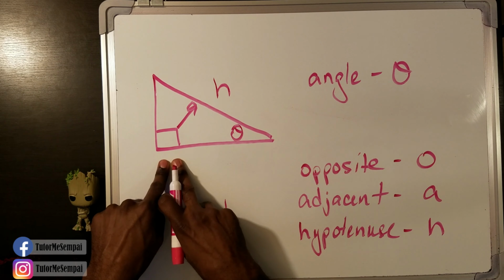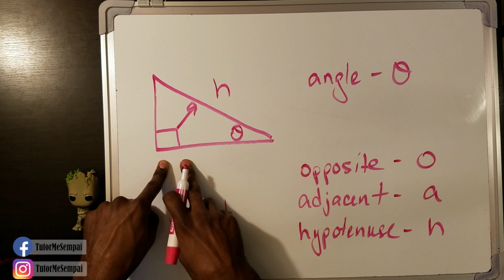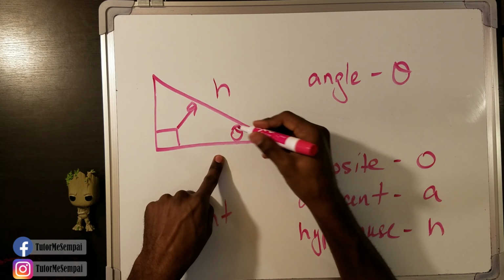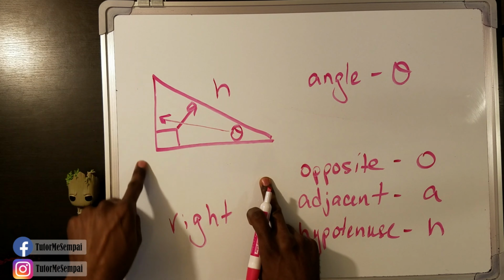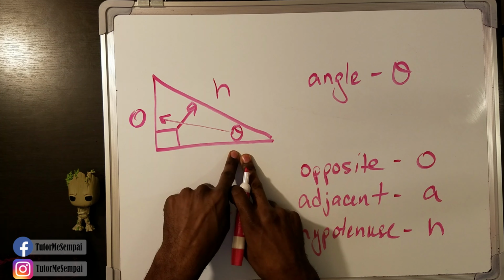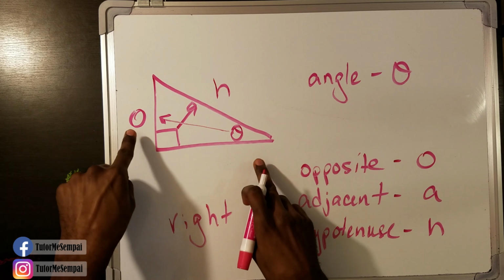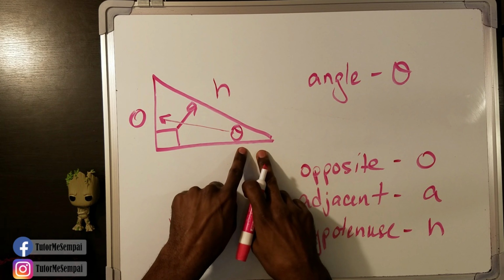Just like we did for the right angle, where we drew a straight line away from the angle, we're going to do the same thing here. You draw a straight line, and you see that this side is going to be our opposite of our theta. I can't stress that enough. This is not always going to be opposite, but it's always going to be opposite to this theta.